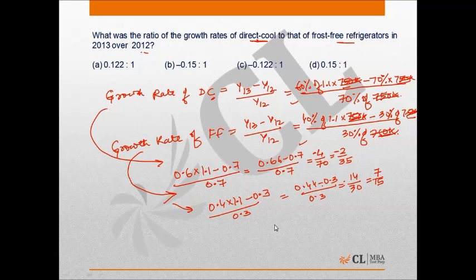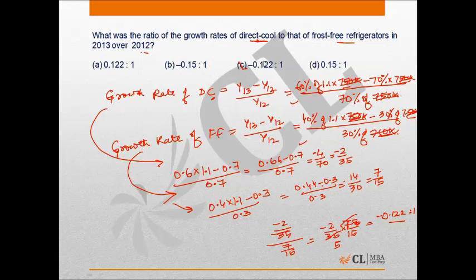So the ratio is going to be minus 2 upon 35, whole divided by 7 upon 15, or this is minus 2 upon 35 into 15 upon 7. So this is minus 2 upon 225, which is minus 0.122 is to 1.